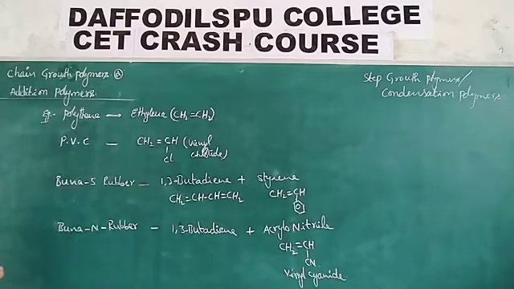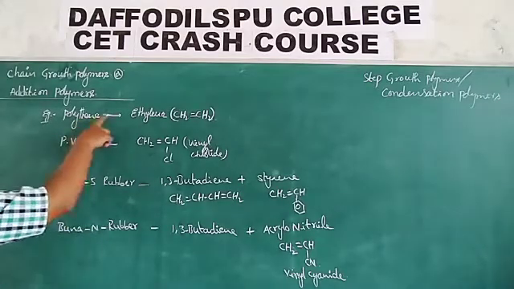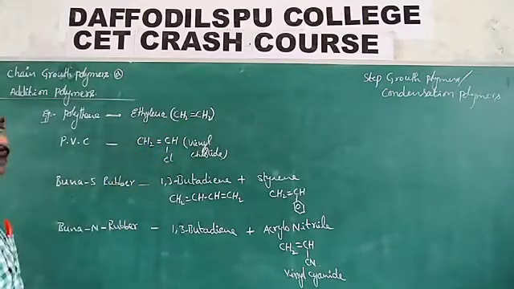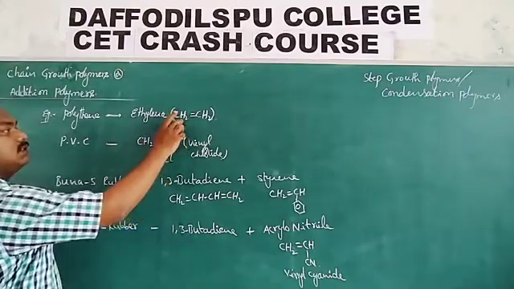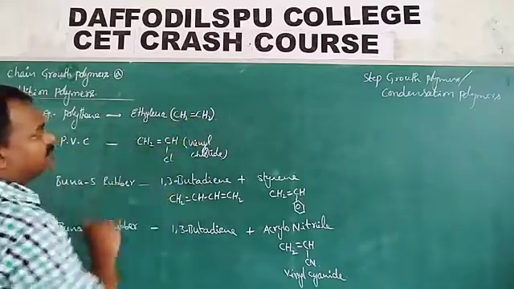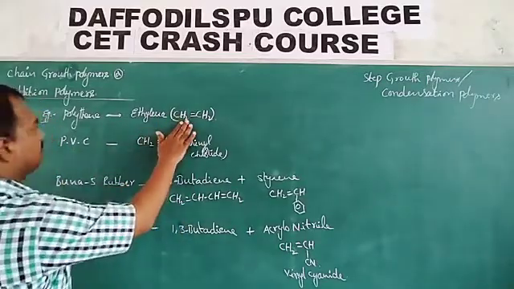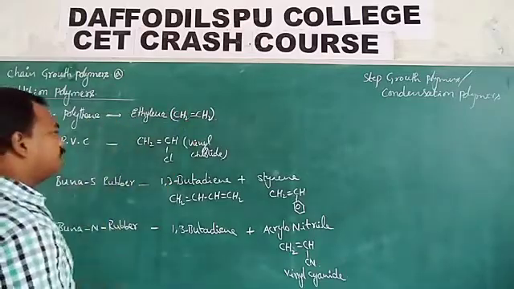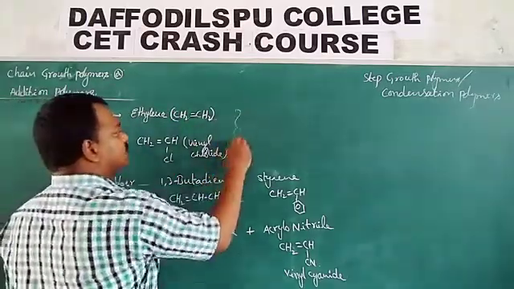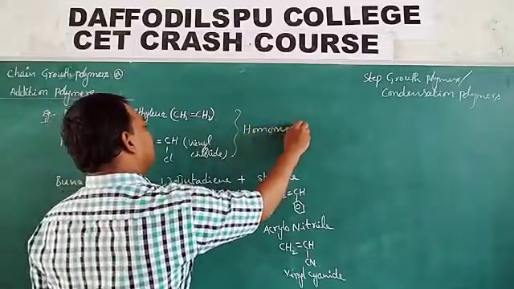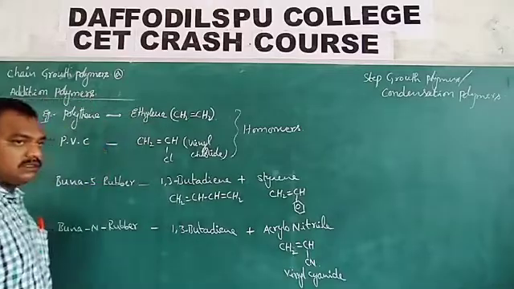In addition polymers, if all the monomeric units are of the same type, then they are homopolymers. In ethylene, only one kind of monomeric unit is present. So this polythene is a homopolymer. These two are homopolymers, which contain only one kind of monomeric unit.